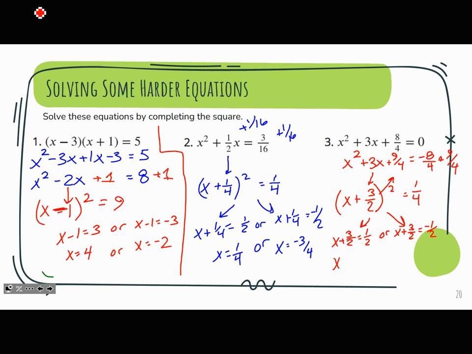So I get x equals negative 2/2, which is negative 1. Or I subtract 3/2 from this side, and I get negative 1 minus 3 is negative 4. Negative 4/2, negative 2. So in this case, x equals negative 1 or negative 2, and it works.